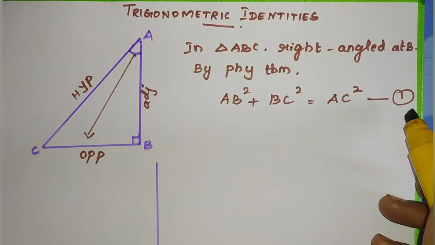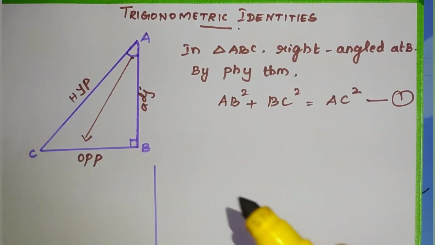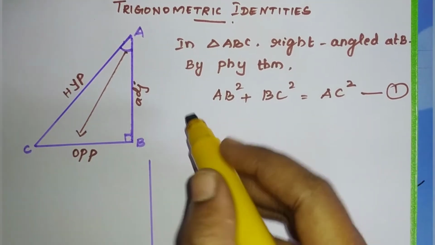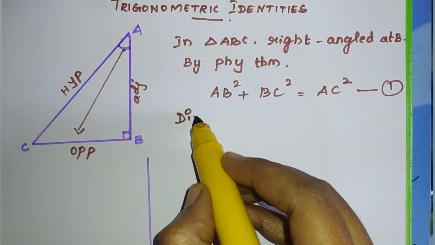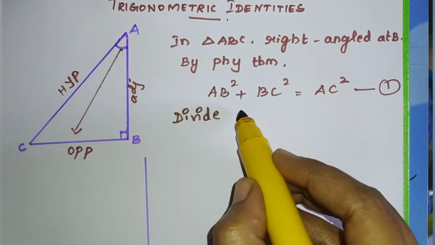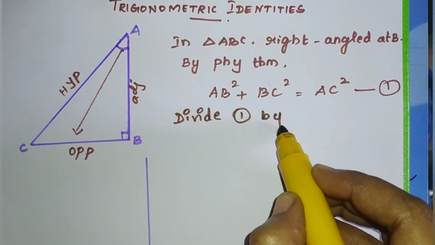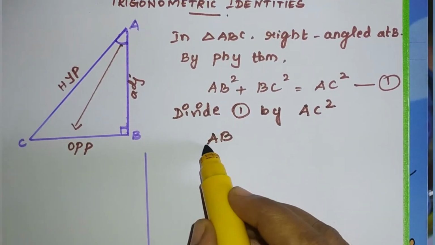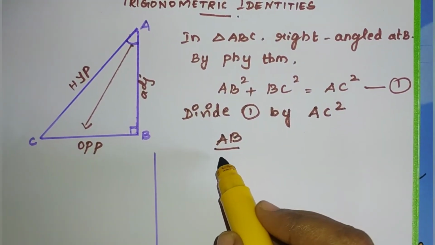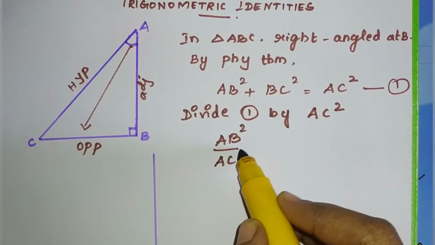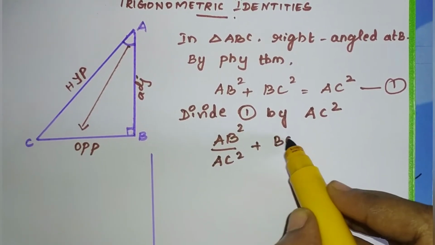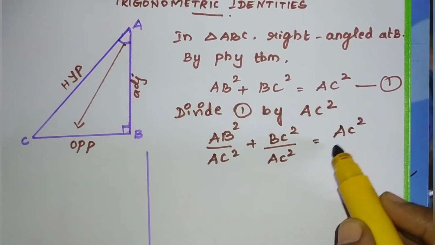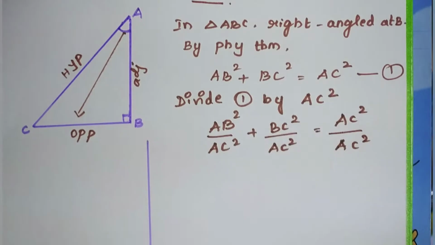Now I am going to mark this equation as 1 and then divide the first equation by AC square. So AB square divided by AC square, then BC square divided by AC square, and then AC square divided by AC square.